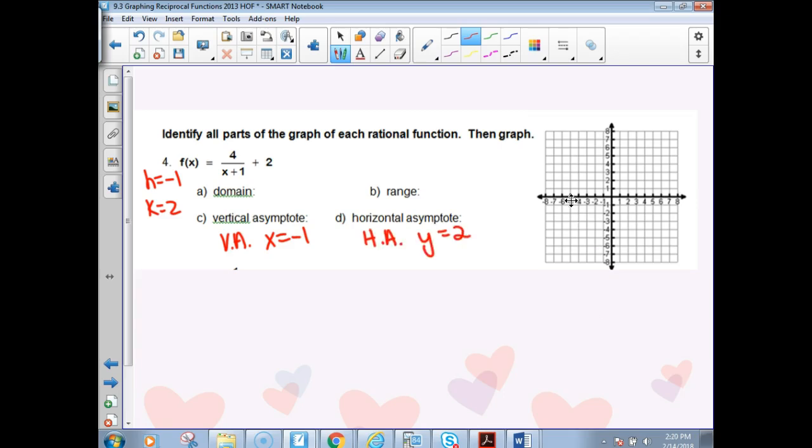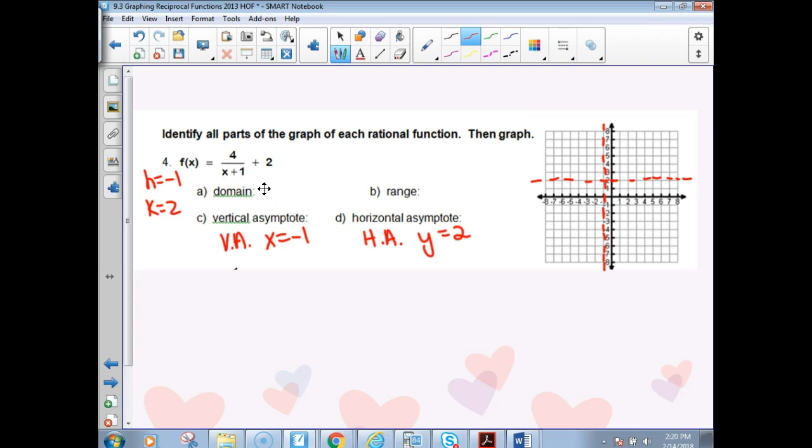So I'm going to put them right on the graph. X is negative 1, y is 2. All right, so I got that dashed in. And then I see the stretch of 4, so I'm expecting to be able to find some decent points in these graphs.